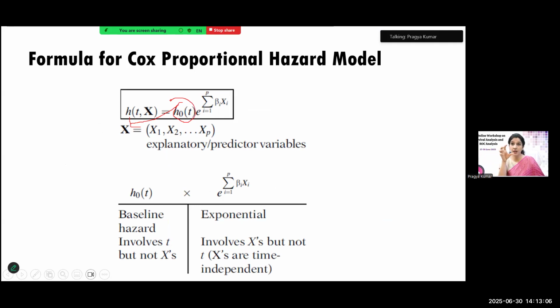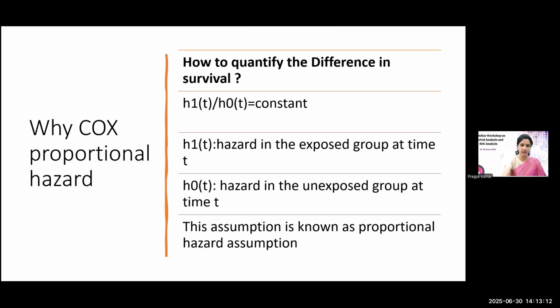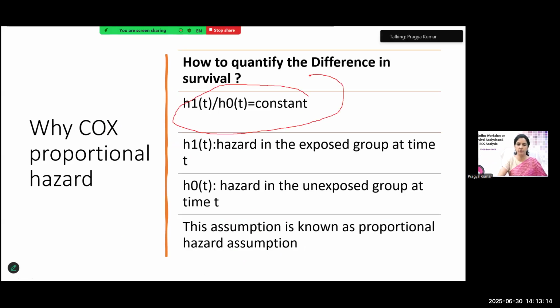That's why it works on this formula. h1(t) is the hazard in the exposed group at time t, and h0(t) is the hazard in the unexposed group at time t.